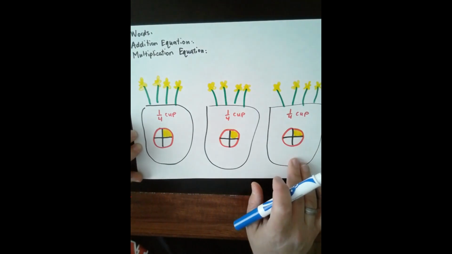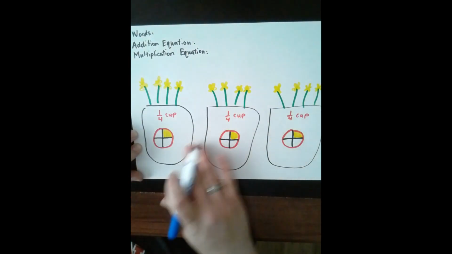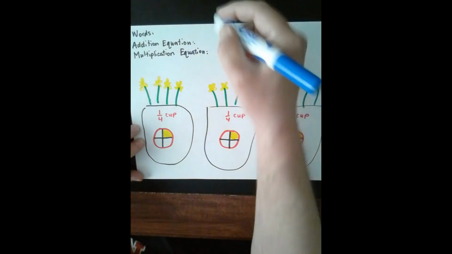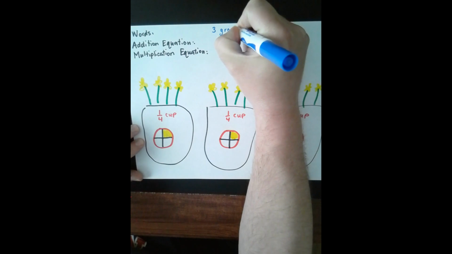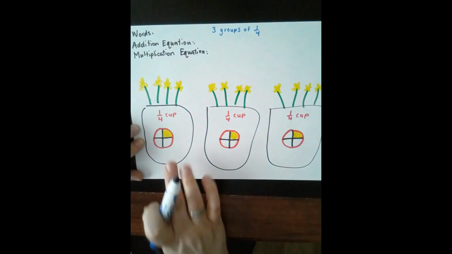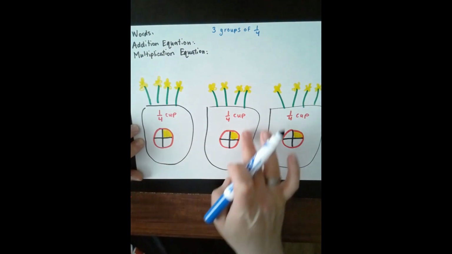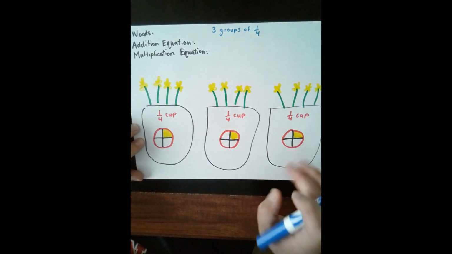fresh. So by looking at this problem and using words to describe it, we would have 3 groups of 1/4. Because you have 1 group of 1/4 here, 2 groups of 1/4, and 3 groups of 1/4.